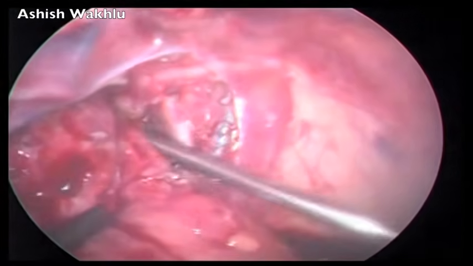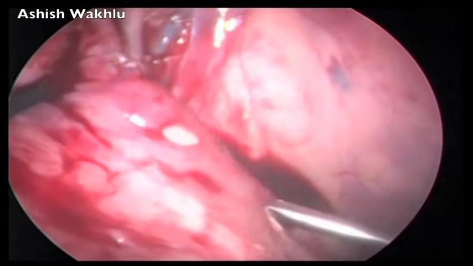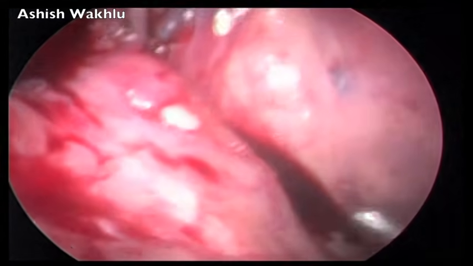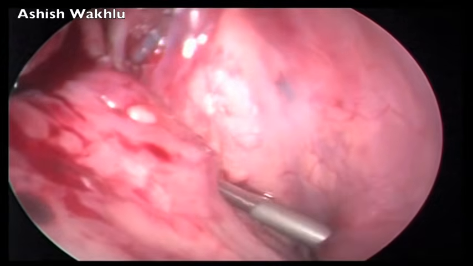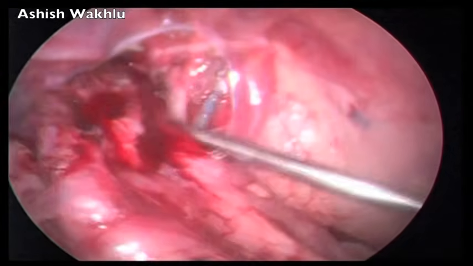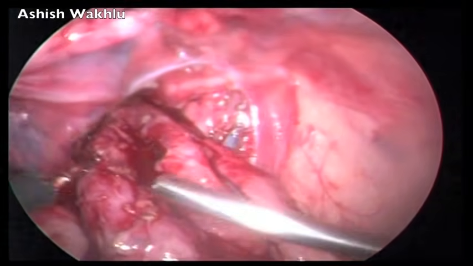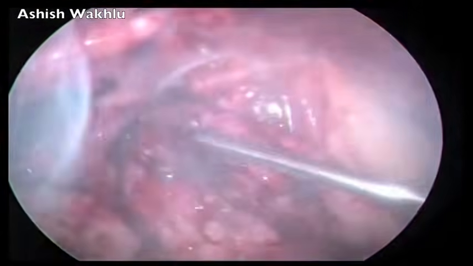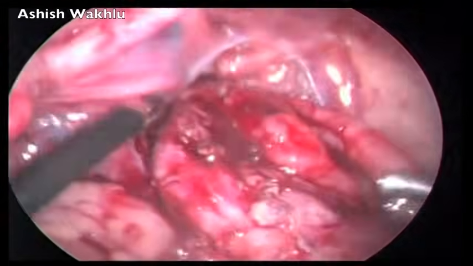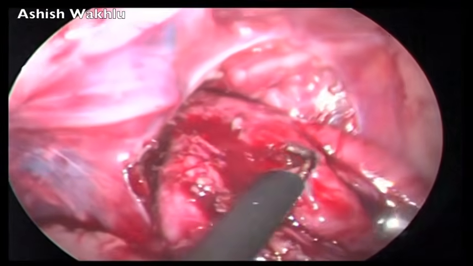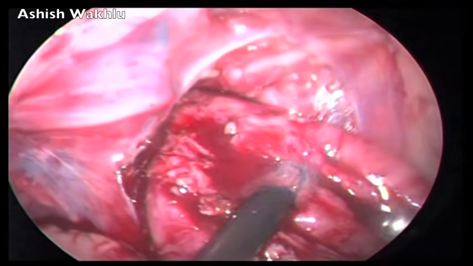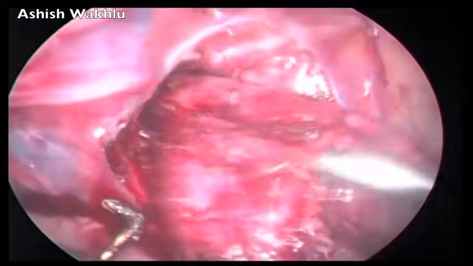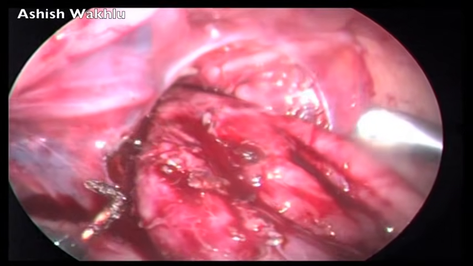Another disadvantage of bleeding is that it obviously obscures the planes of dissection, especially with the clot collecting in the pelvis. So it is advisable to wash the blood out to give the correct visibility. And occasionally these little vessels prove to be a little stubborn.